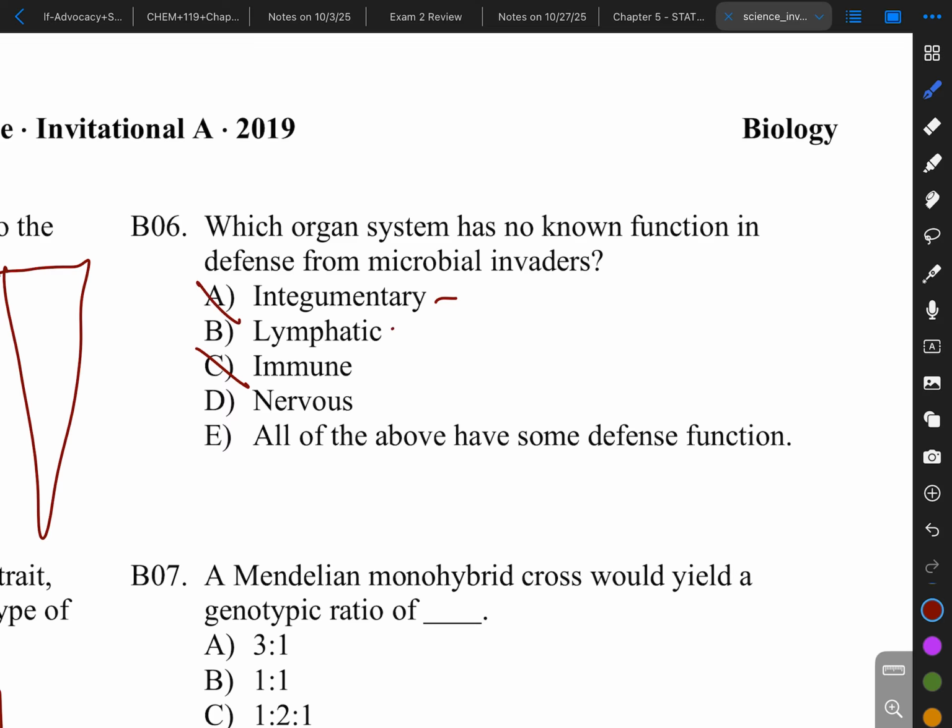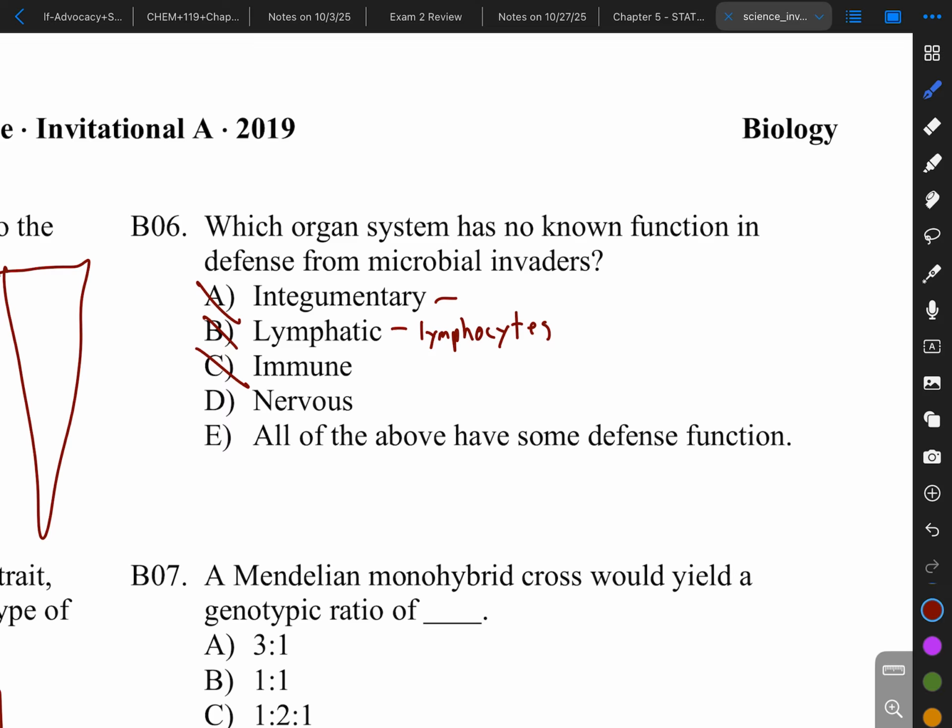And lymphatic is slightly less common than the other two, but the main purpose of lymphatic is filtration. It makes sure to remove the dead cells, and it has the fluid called lymph, which goes to lymph nodes to get filtered every time to ensure getting rid of all the waste products in your plasma. But if you've heard of lymphocytes, those are cells in the lymphatic system that are known for defending against microbial invaders.